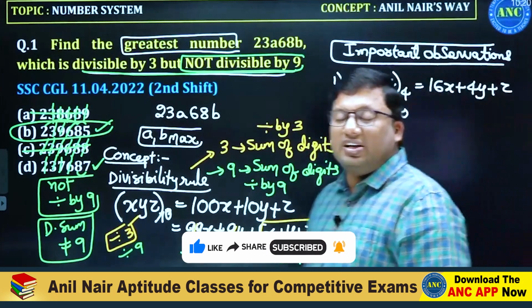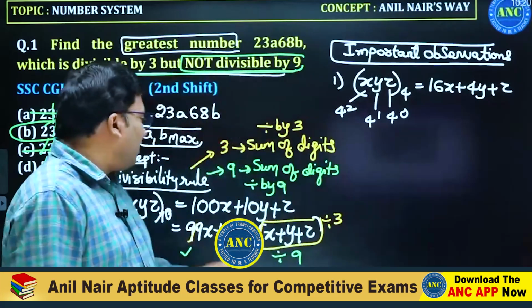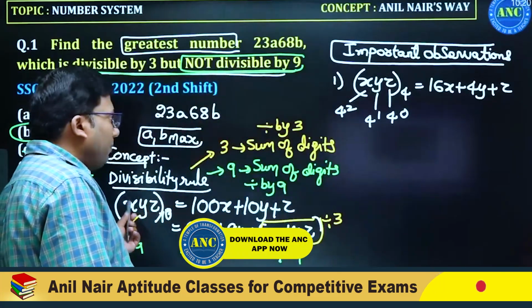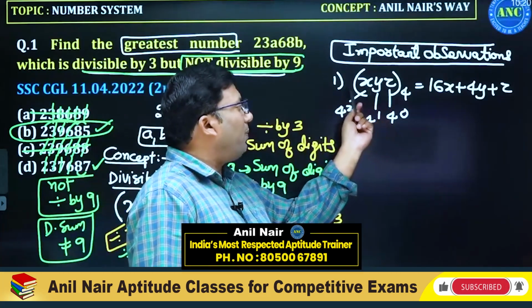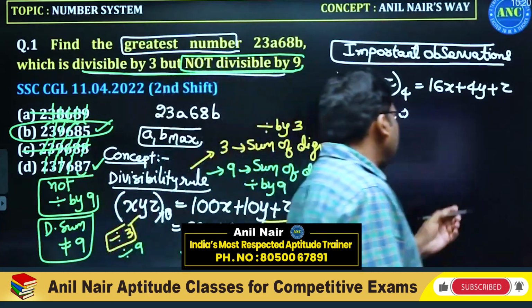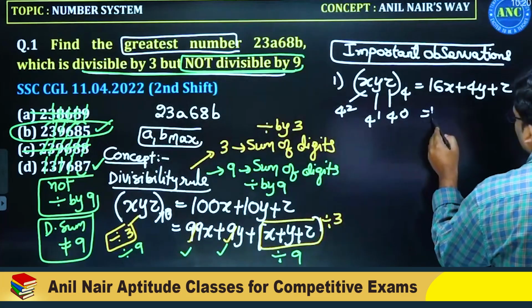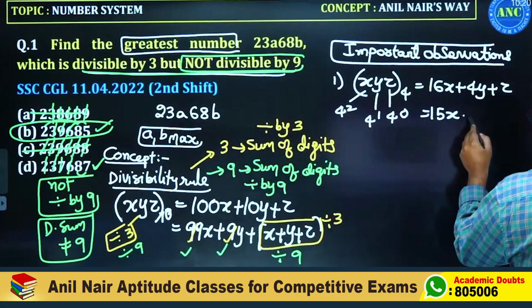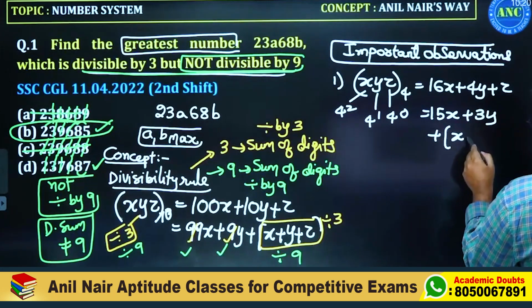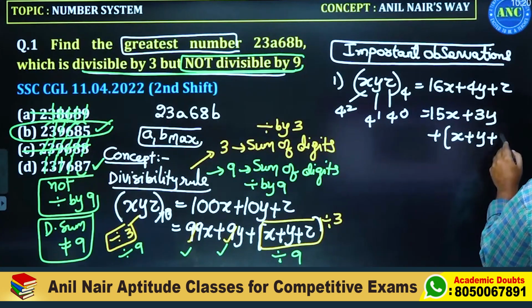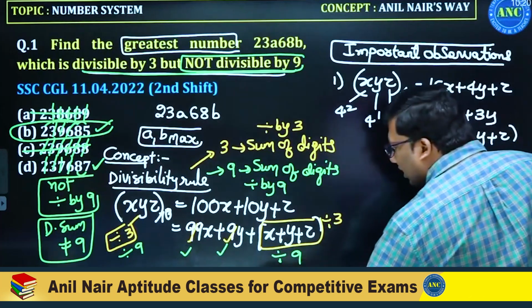Right? If it is decimal system 10, 10 power 0, 10 power 1, 10 power 2. If it is base system 4, 4 power 0, 4 power 1, 4 power 2. If I separate it, listen very carefully, sir: 15x plus 3y, and then x plus y plus z. Now listen carefully, sir.